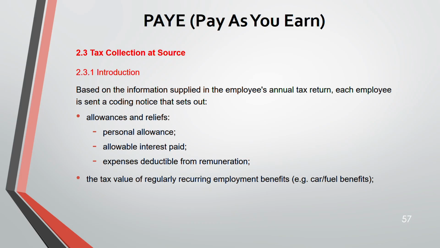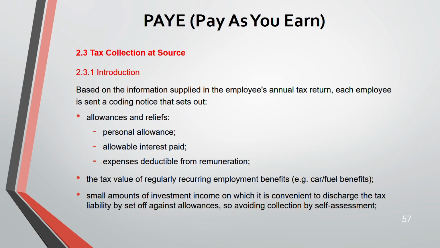Then, what is the tax value of their employment benefits? Some benefits are recurring, like car, fuel, and small amounts of investment income on which it is convenient to discharge the tax liability by setting off against the allowances, so avoiding collection by self-assessment.